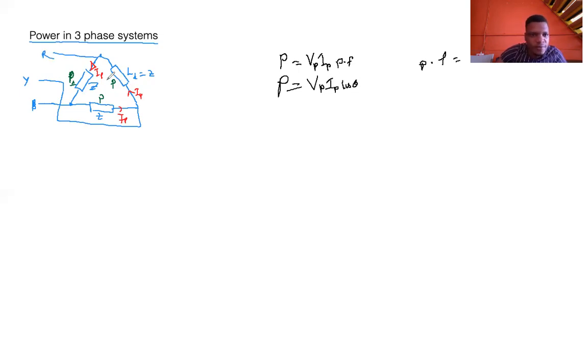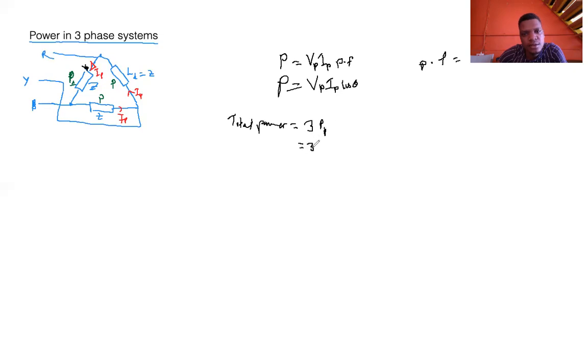So we take the phase quantities, V phase here also. Right. And now if you check, this is only the power in one load. So the total power is going to be equal to 3, because there are 3 loads, multiplied by the power in each phase.